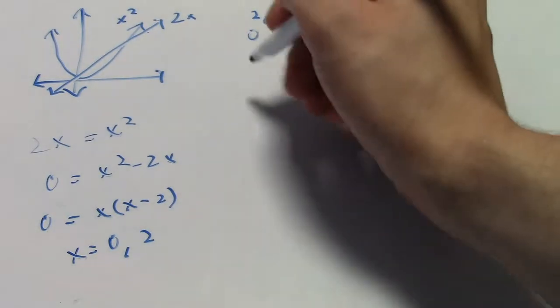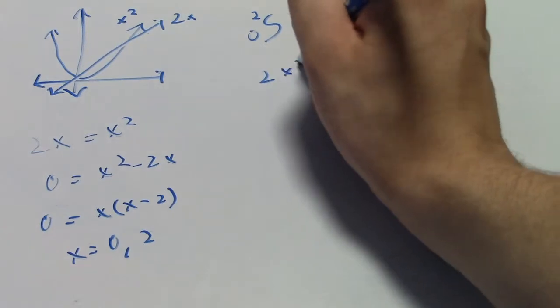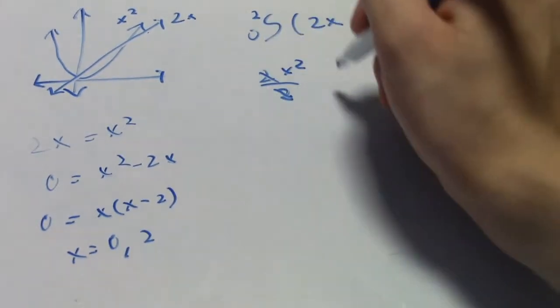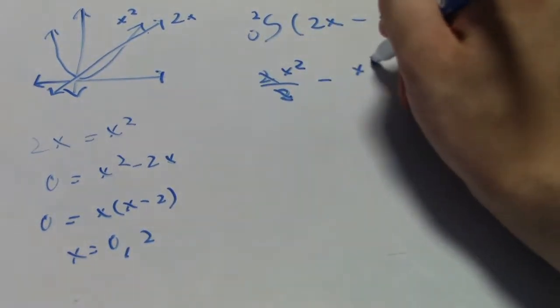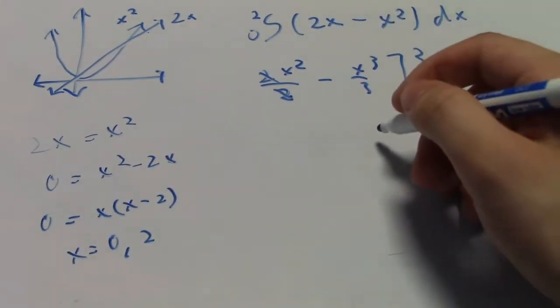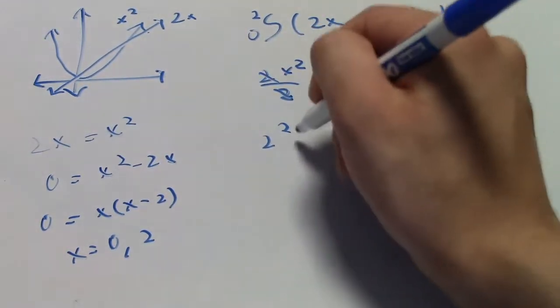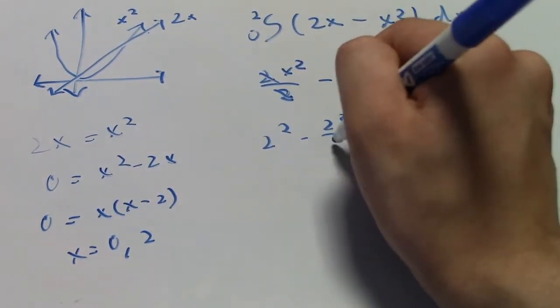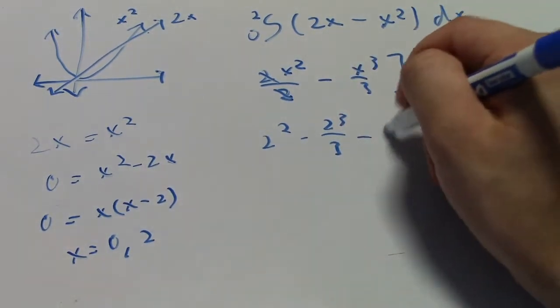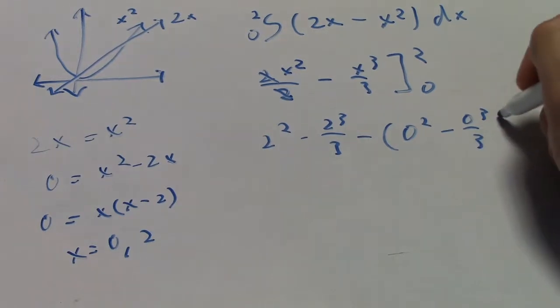Now then, getting right into integration, the integral of 2x gives us 2x squared over 2, the 2's cancel, minus then x cubed over 3, from 0 to 2. So then, plugging in the 2, we have 2 squared minus 2 cubed over 3, and then subtract that from 0 squared minus 0 cubed over 3.